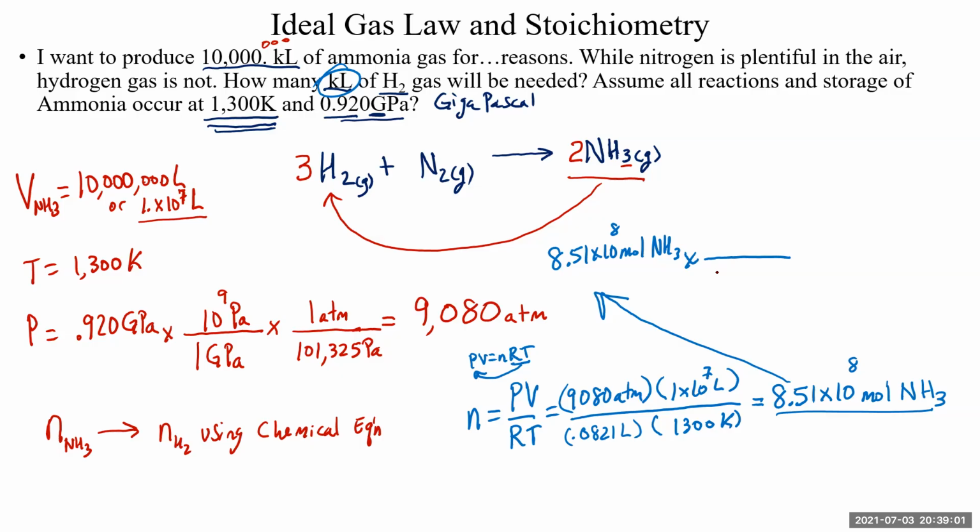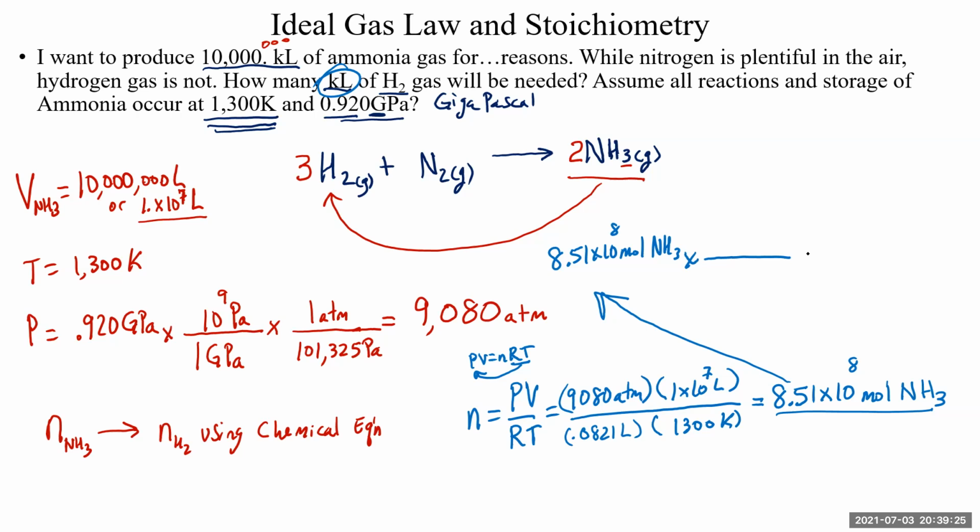So we know that the mole ratio is 3 moles of hydrogen to 3.